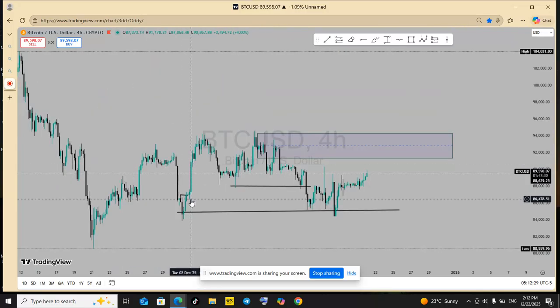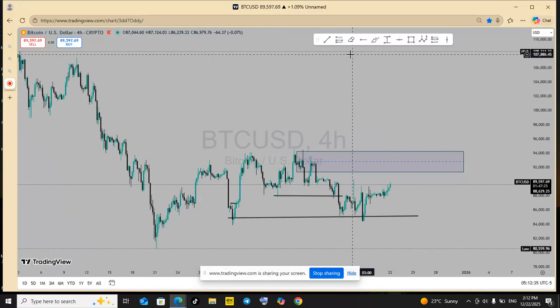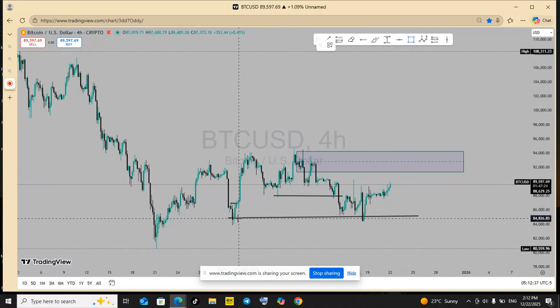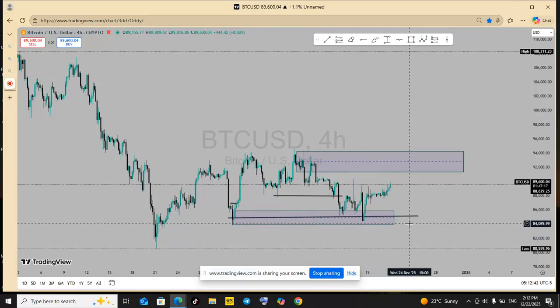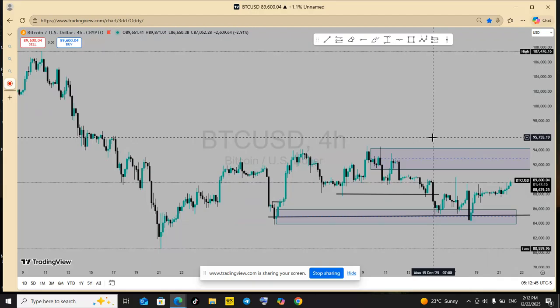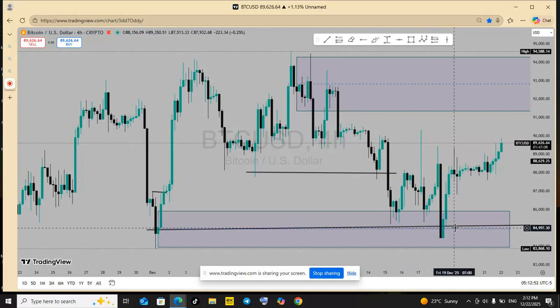That being in the downtrend, you can see there was a demand zone. So this is a 50% of our demand zone.